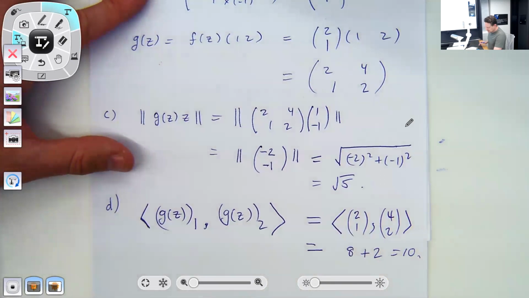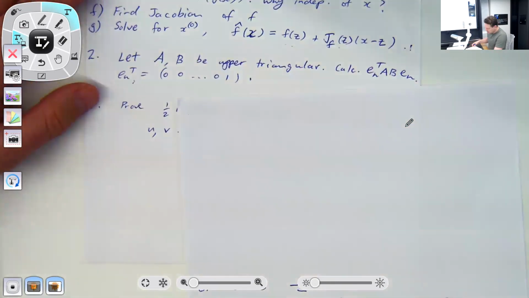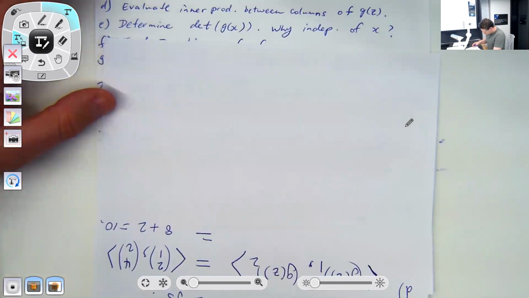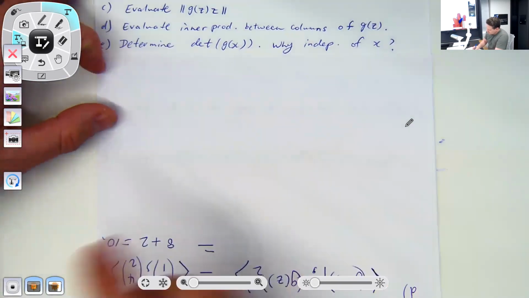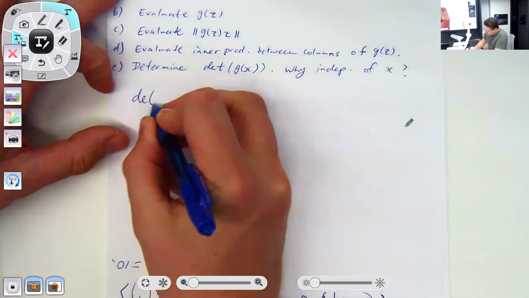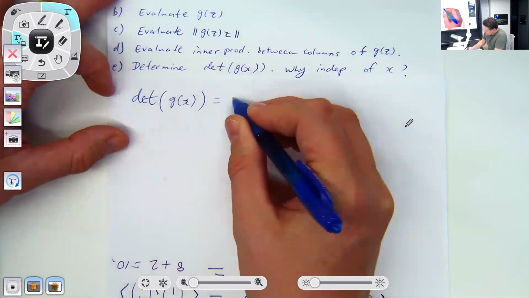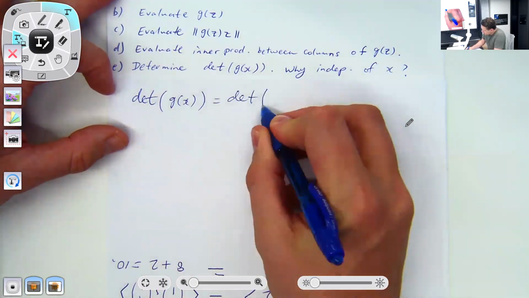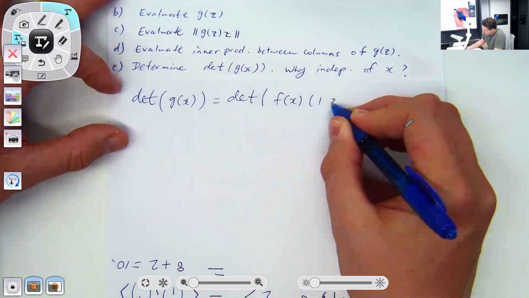Okay, good. Now I'm out of space. I'll turn this upside down, and we'll look at question E. Determine the determinant of g of x, and why is that independent of x? Okay, so det of g of x is equal to the determinant of f of x times the row 1, 2.